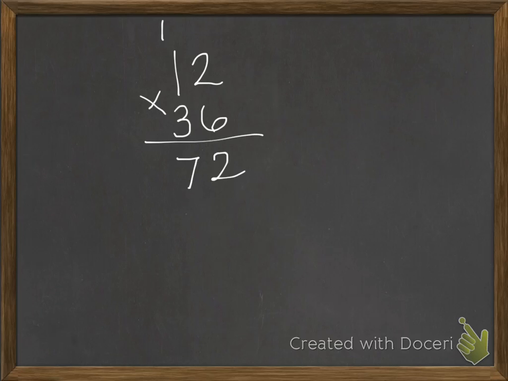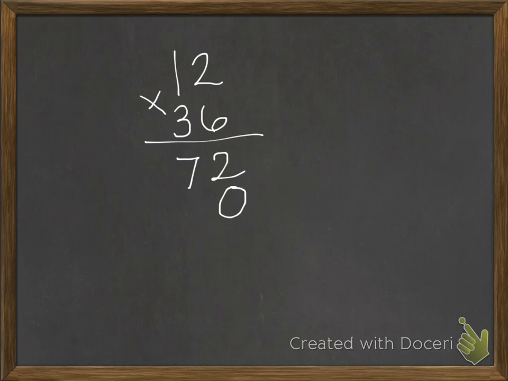My next move here is I'm going to move over to multiply out the numbers by what's in my tens place. I have a 3 in my tens place, but before I'm allowed to multiply out that 3, I need to write a placeholder 0 in the ones place.